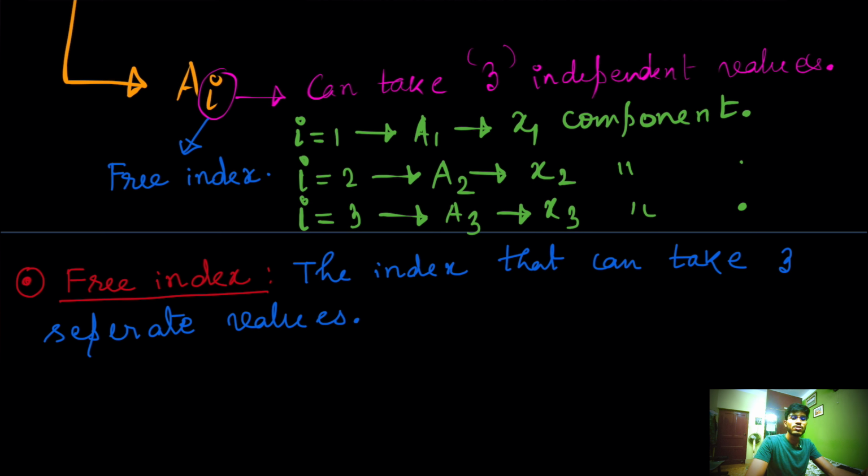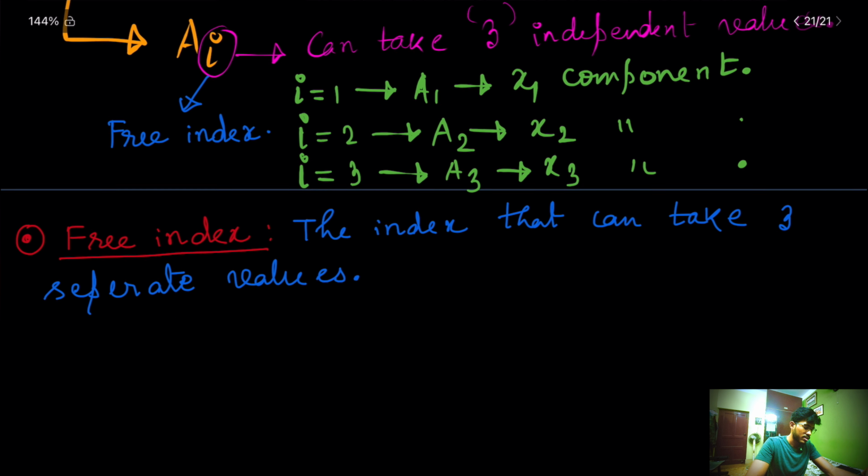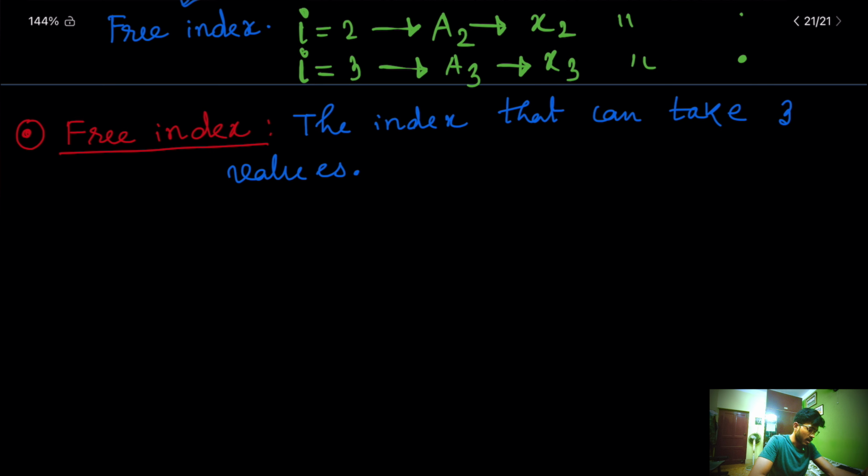Now you can argue that we have a 4th dimension as time, right? We are not considering that in this course, we are only concerned about the 3D space coordinates. In terms of the space coordinates, we only have 3 independent directions. That is why a free index is an index that can take 3 independent values. Separate is also a correct word, but the better word is independent.